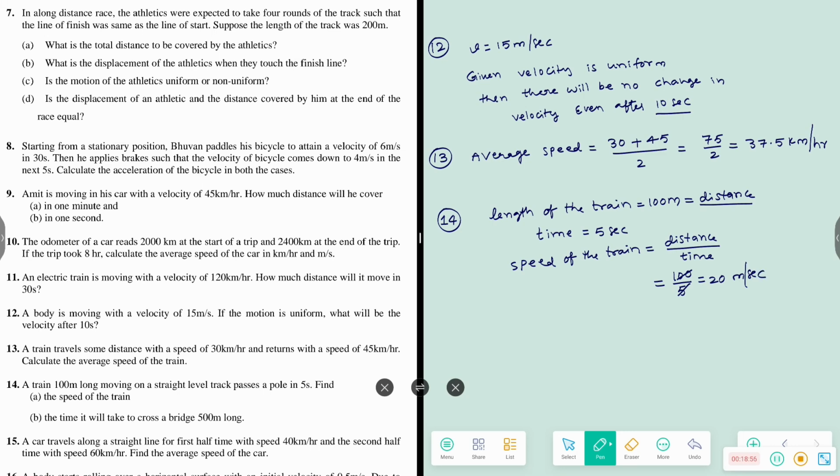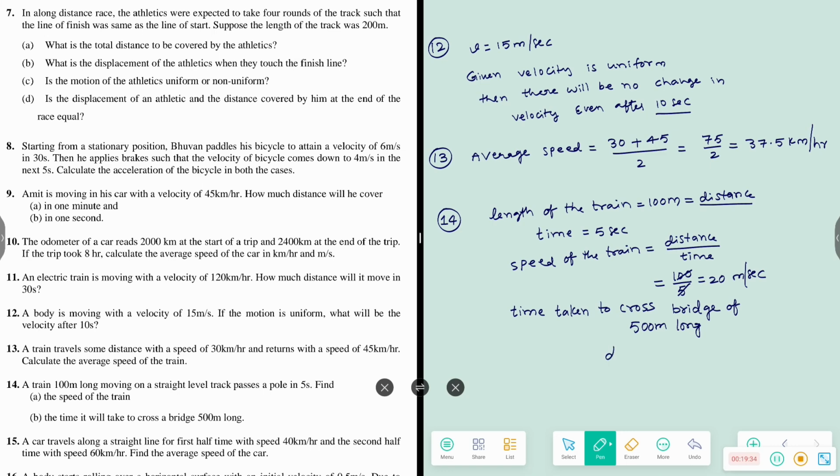But now one more, the time it will take to cross a bridge of 500 meters long. We have to find out the time. So here what we have to do?